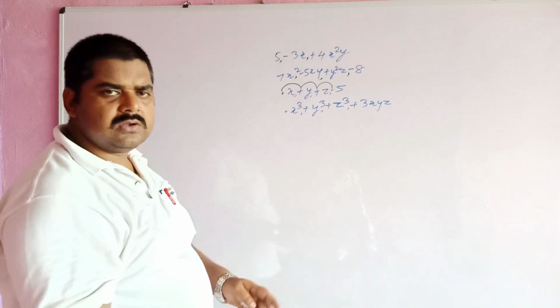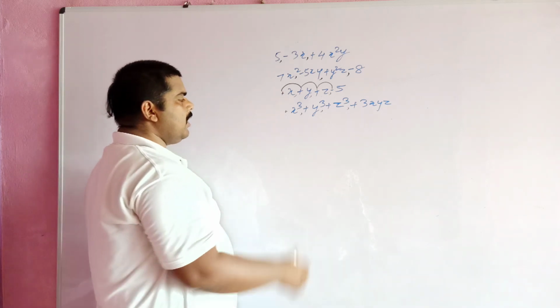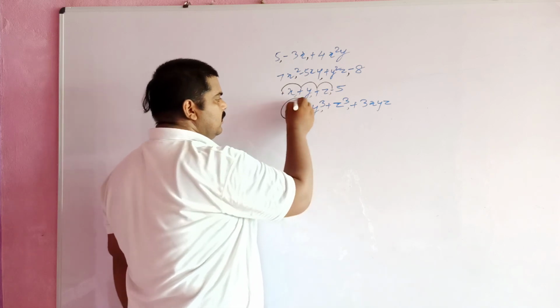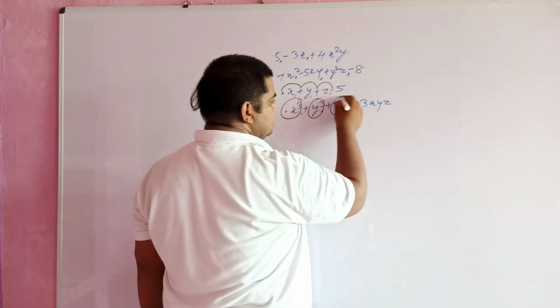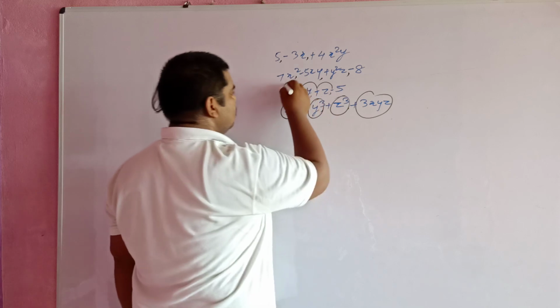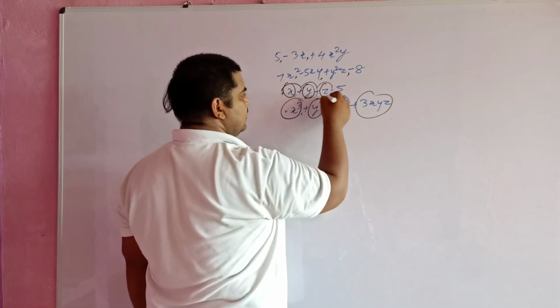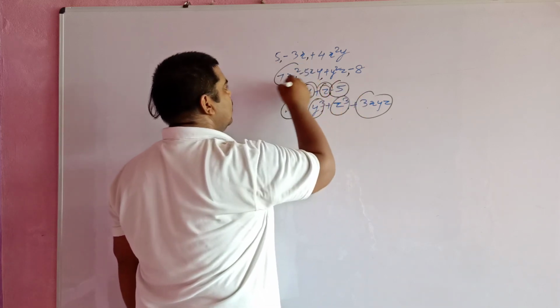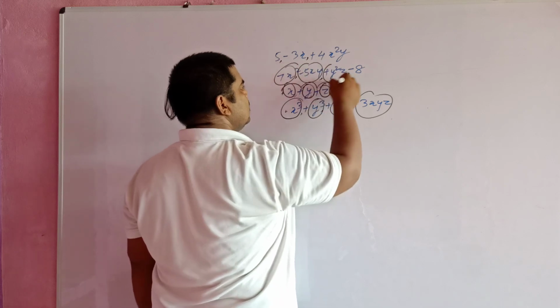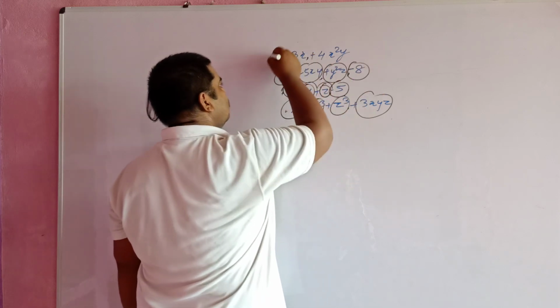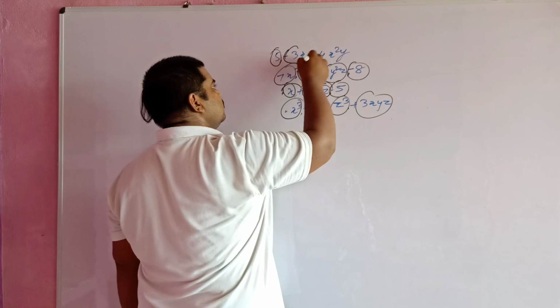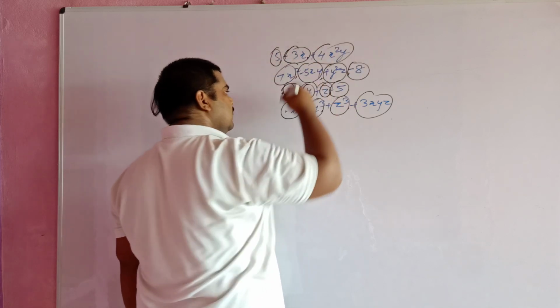Now you can easily count the number of terms. This is 1 term, 2 terms, 3 terms, and 4 terms. 1, 2, 3 and 4. 1, 2 and 3.